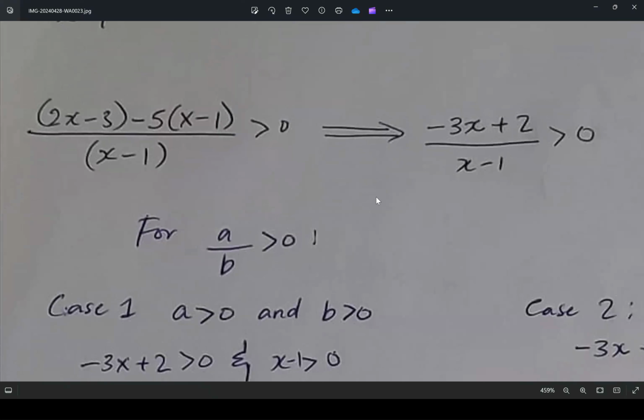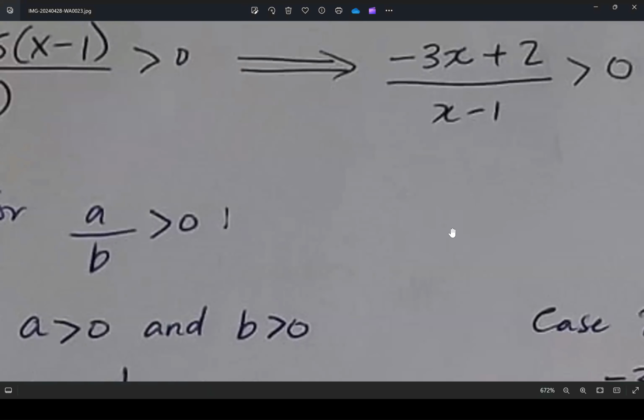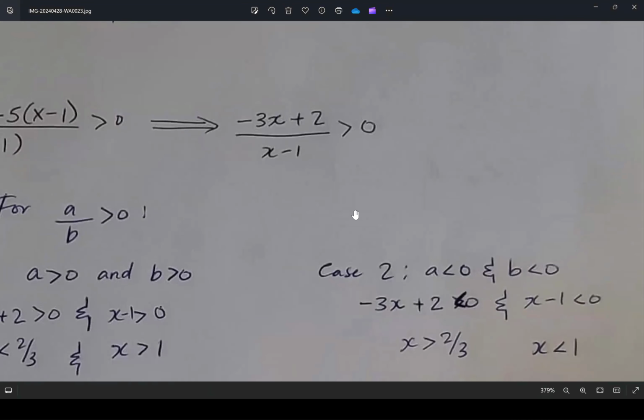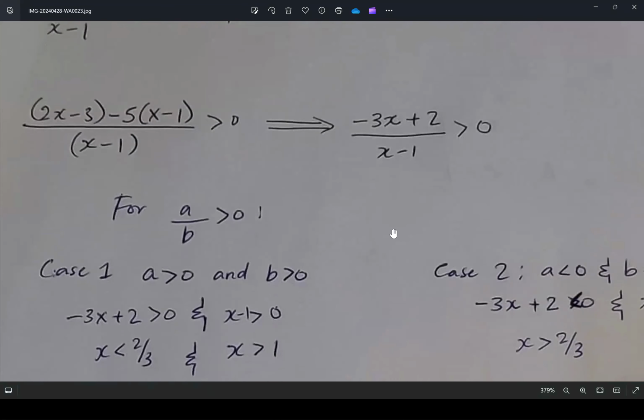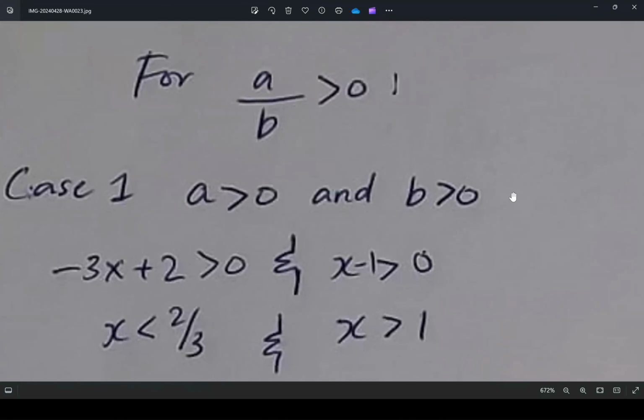Similarly, we can also have both a and b being negative, because if we had -2 and -3, dividing a negative by a negative will also give you a positive number. So we're going to look at only when both of them are positive first, right?